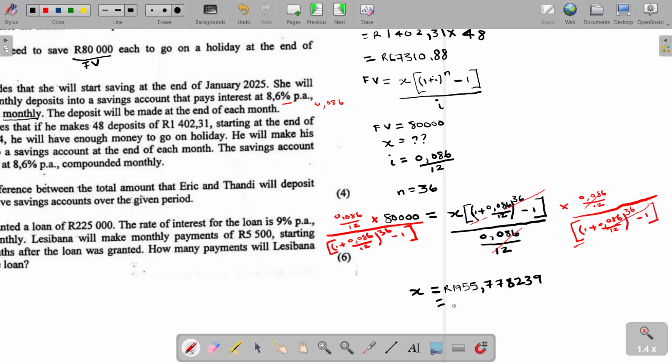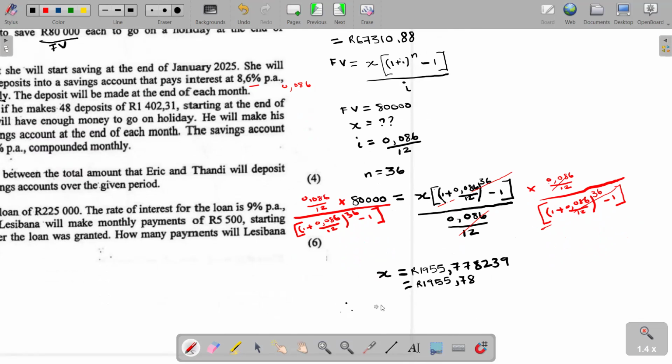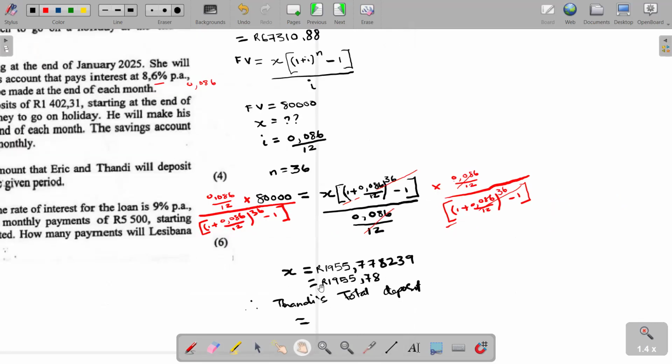So this will be equal to 1955.78. So if we now want to calculate the total deposit, the total deposit will be equal to that amount there, 1955.78 multiplied by the months which were paid, which is 36.